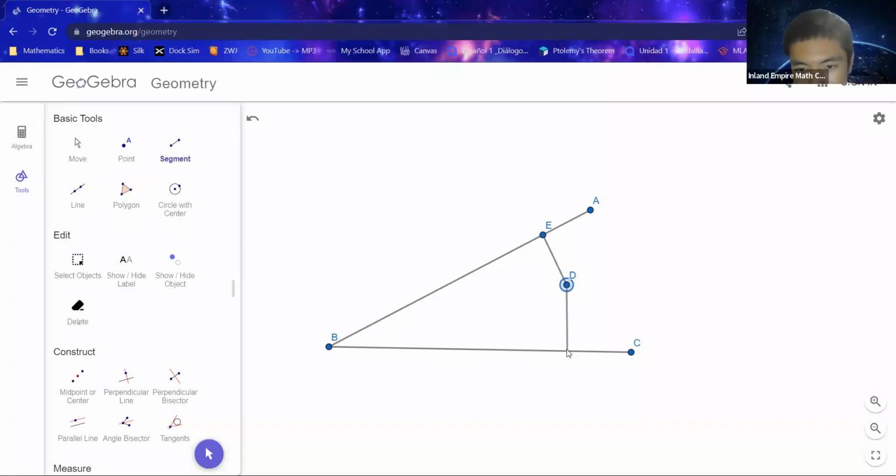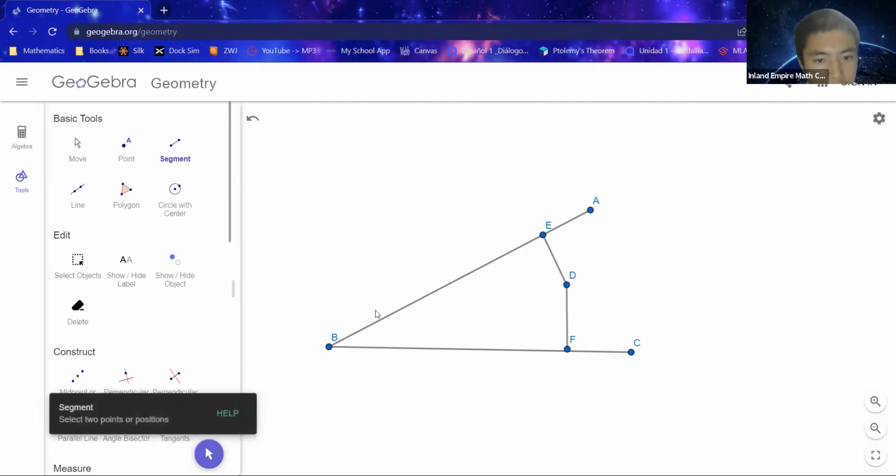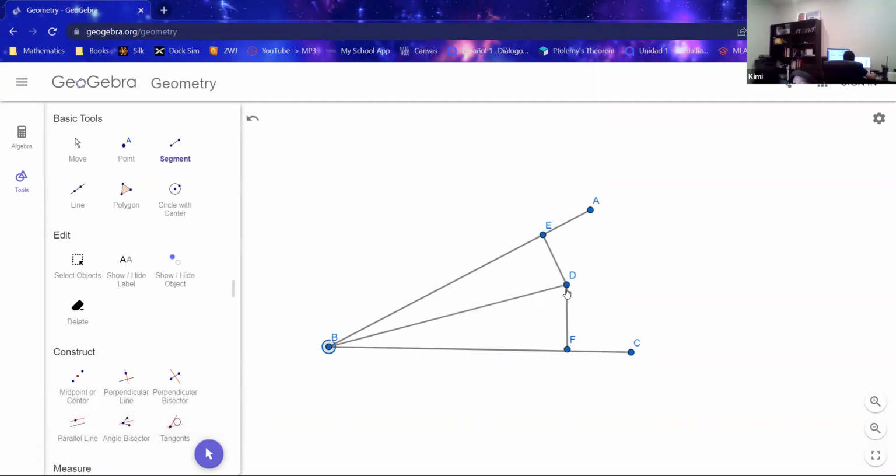So we're trying to prove that if ED is equal to DF, then BD is the angle bisector of this angle right here.